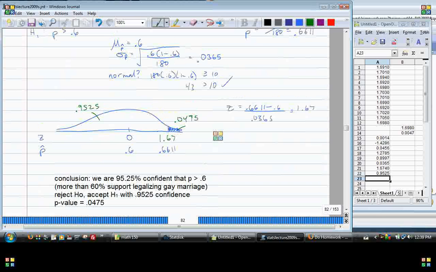And p-value 0.0475. Okay, is that straight?